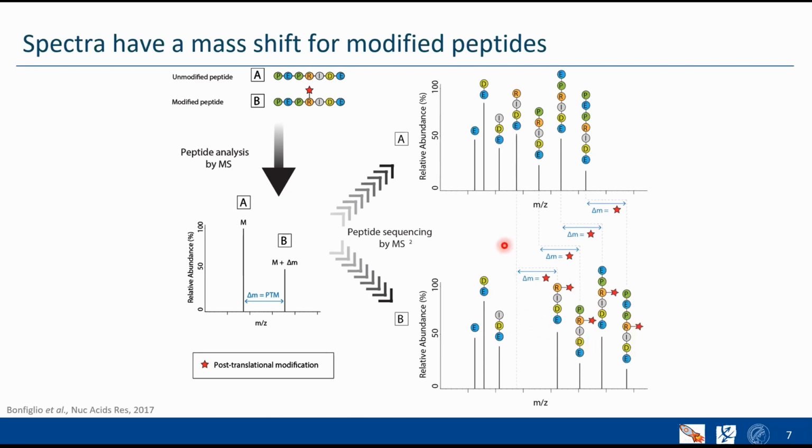The other fragments, which don't contain the modified residue, have the same mass as before. So from such a spectrum, it's easy to find the location of the modification, because it's where the mass is shifted by delta.